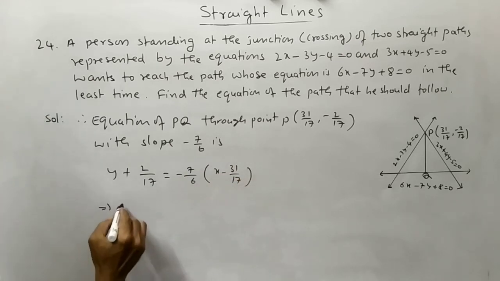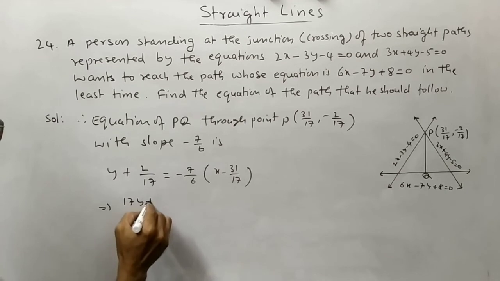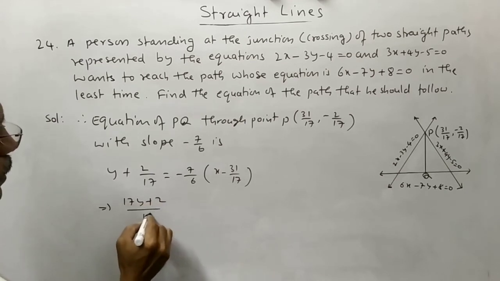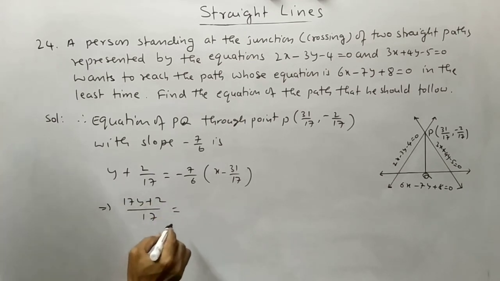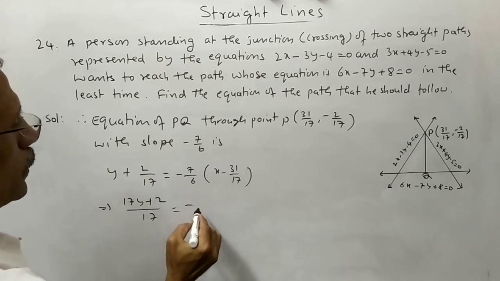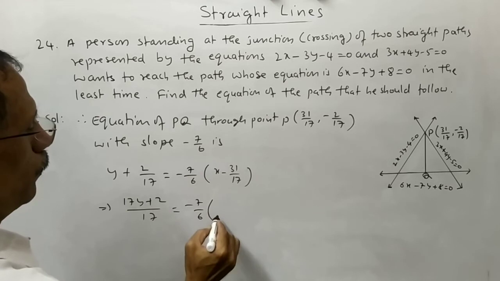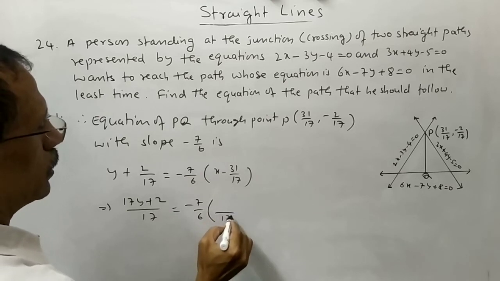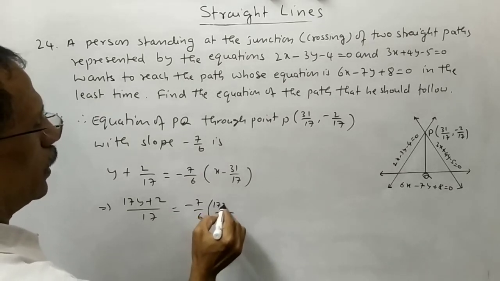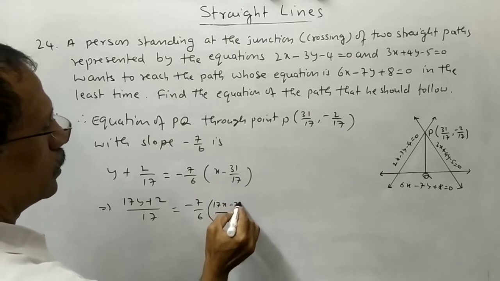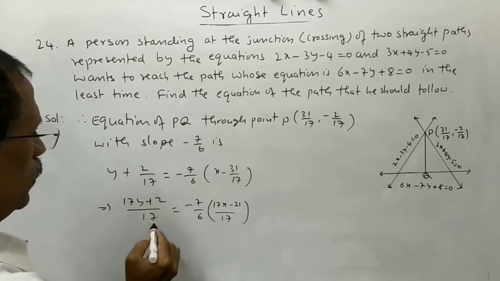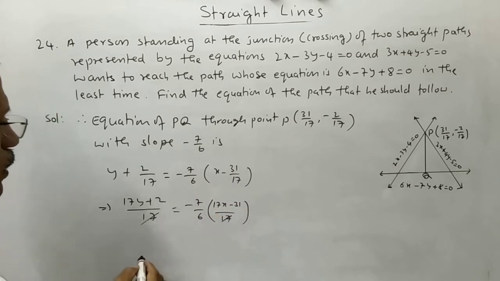This implies y plus 2 divided by 17 is equal to minus 7 by 6 into, LCM is 17, 17x minus 31 over 17. 17 and 17 we can cancel on both sides.